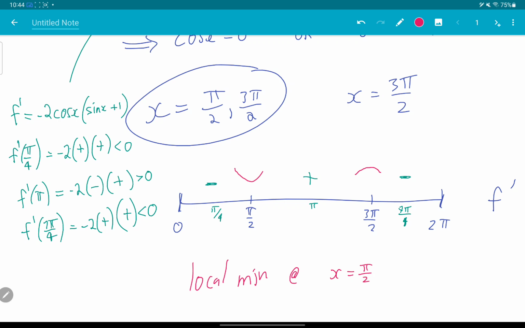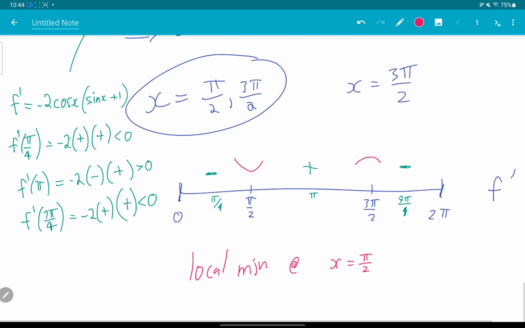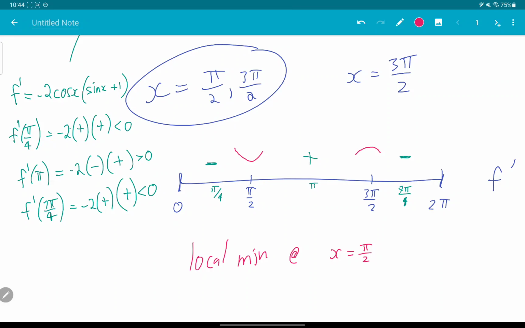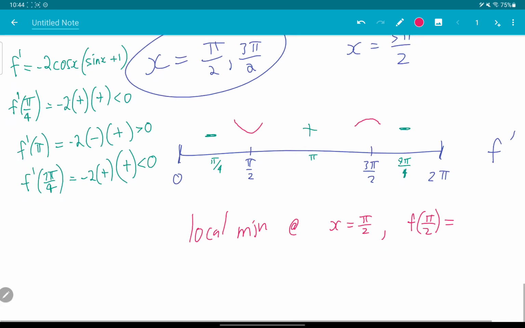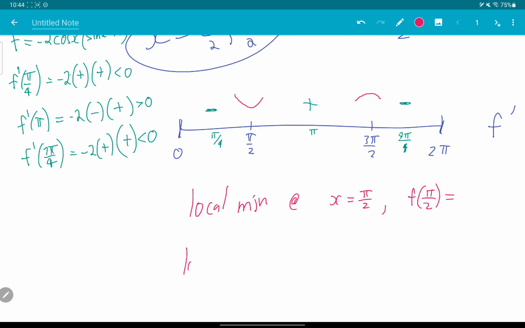And I should calculate the corresponding y value. So I'm going to have to calculate f of pi over 2. I'll do that shortly. I just want to finish my statement here. Local min at x is equal to 3 pi over 2.